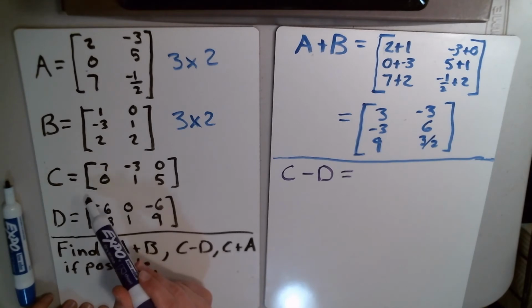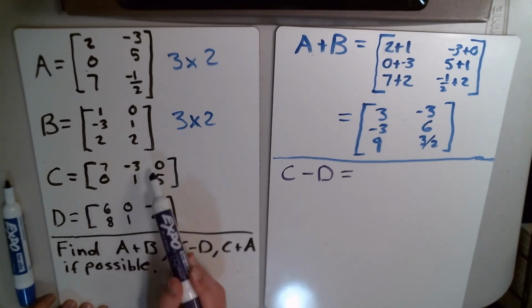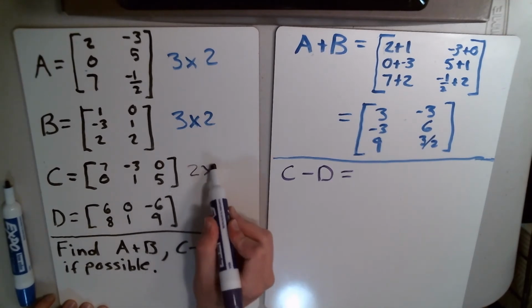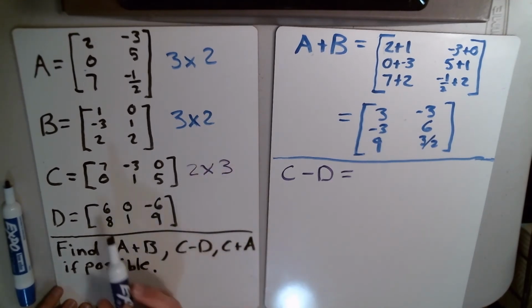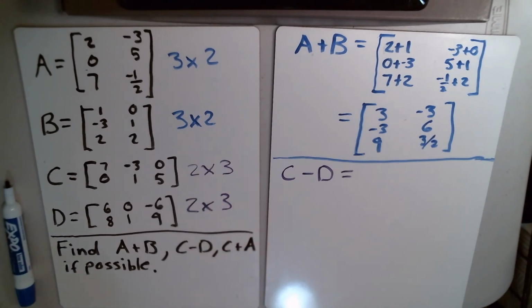This one is 2 rows, 3 columns, so it's a 2 by 3. This one is also a 2 by 3. So they're the same size, so we can add them together, or in this case, subtract them.